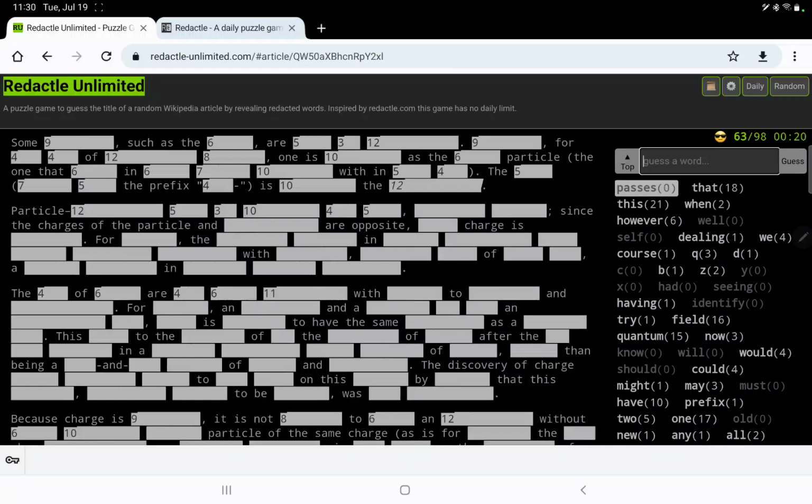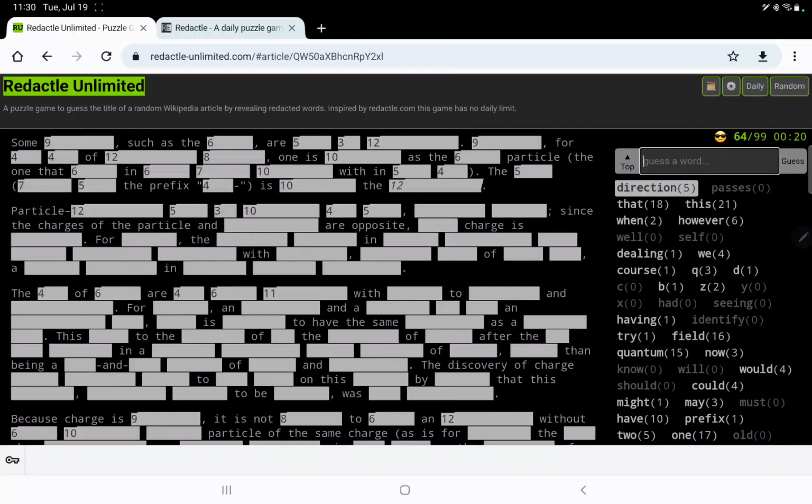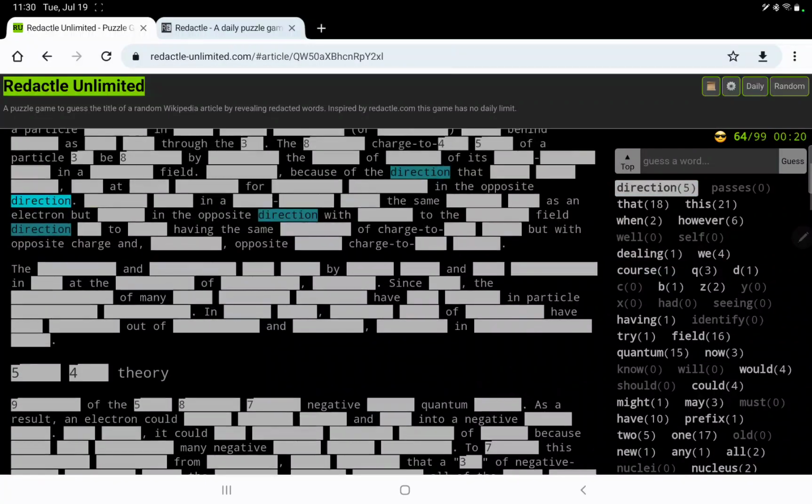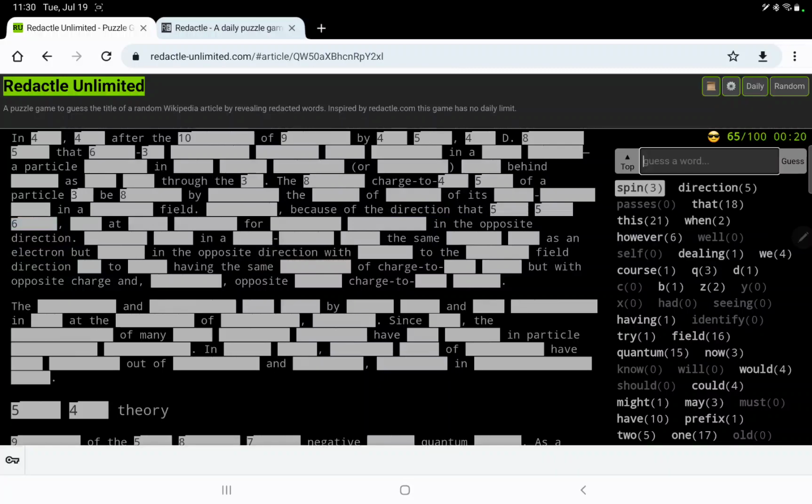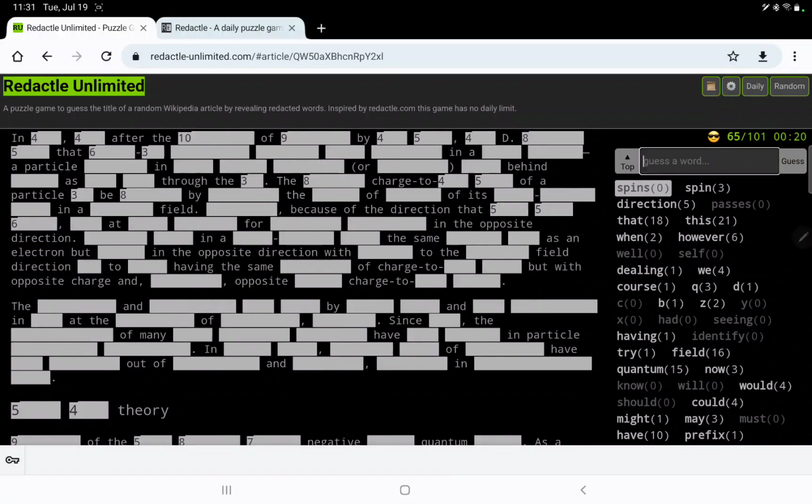No, the one that moves, the one that rotates. How about direction as an 8-letter word? Oh no, that's a 9-letter word. What am I talking about? There are 5 directions. Because of the direction that's something 556, how about spin or spins?